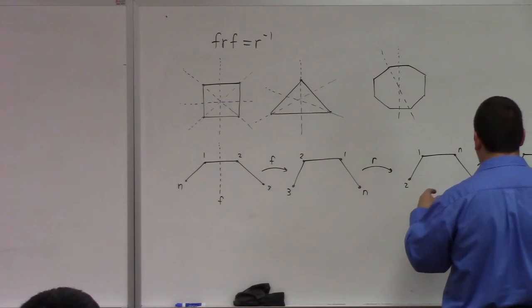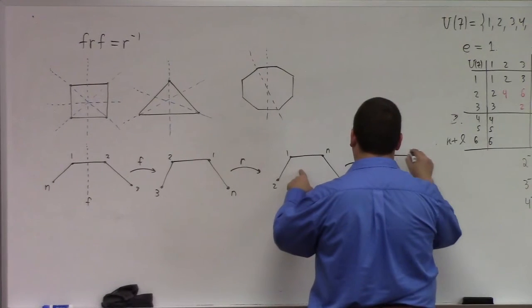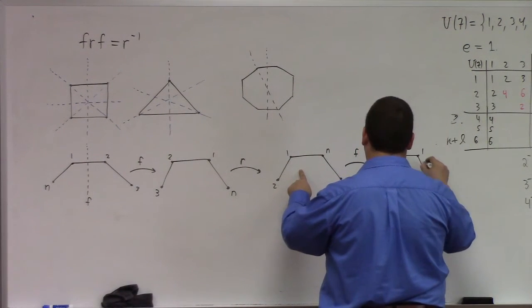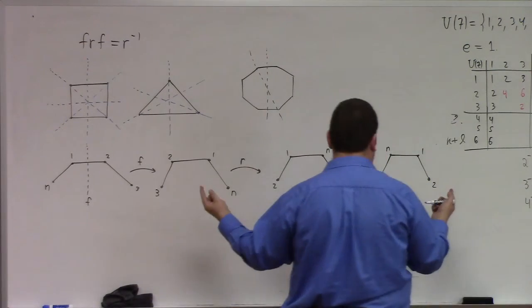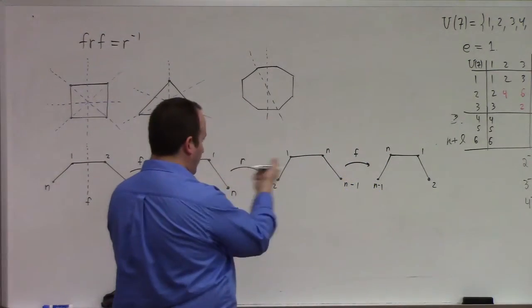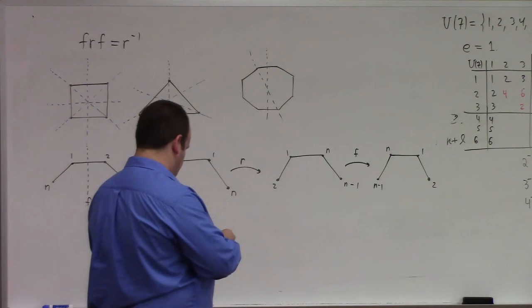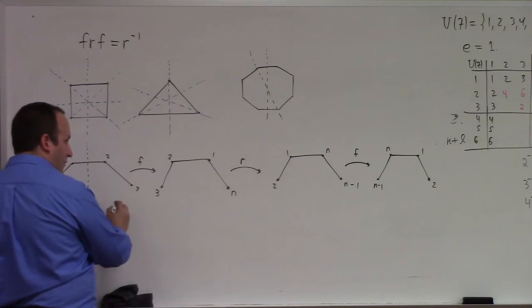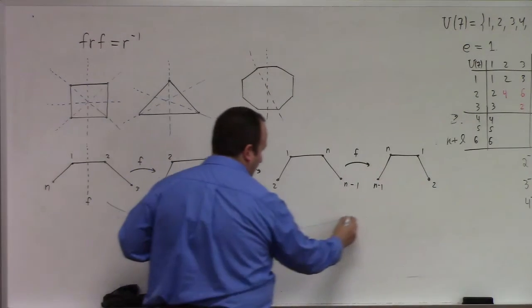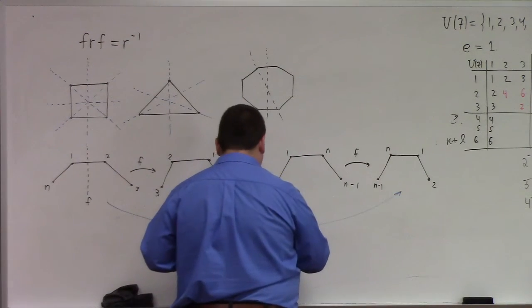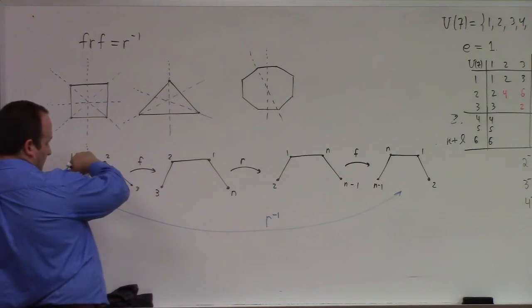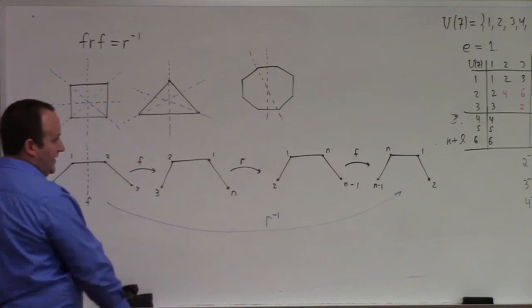Okay, so then let's see here. Flip, we get what? N, and then N minus 1 down here, and 1, and 2. And yes, indeed, if you look at this, that's the same as starting from where we started and doing one turn clockwise.